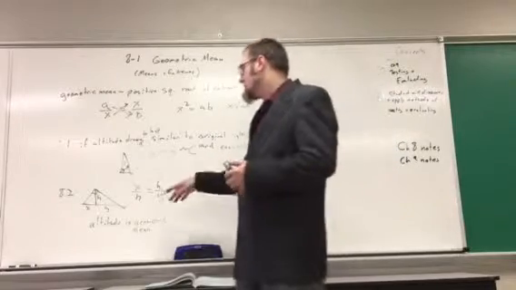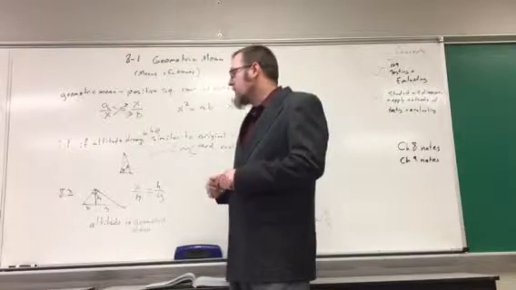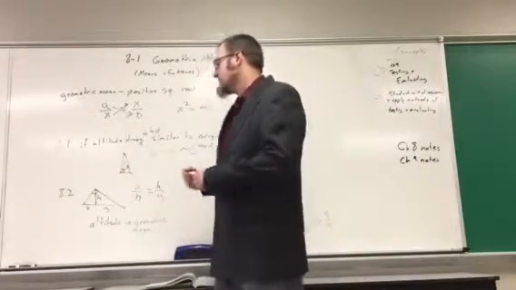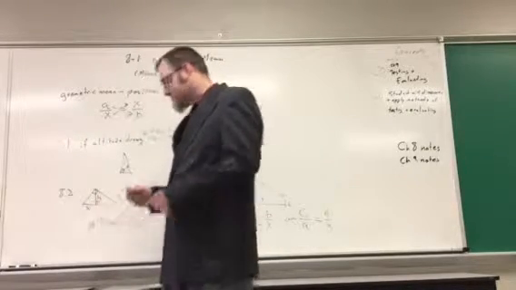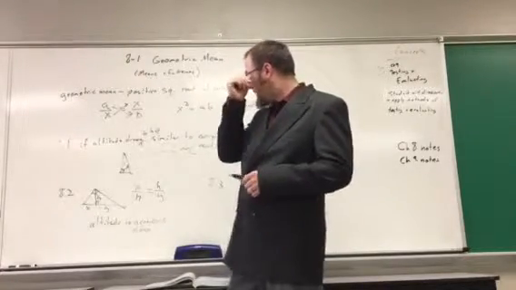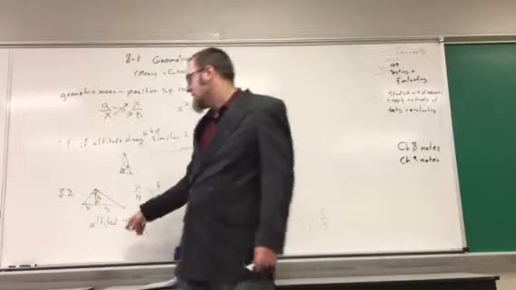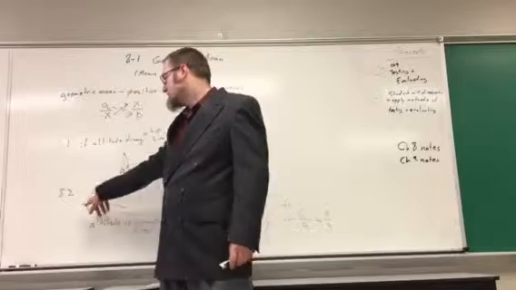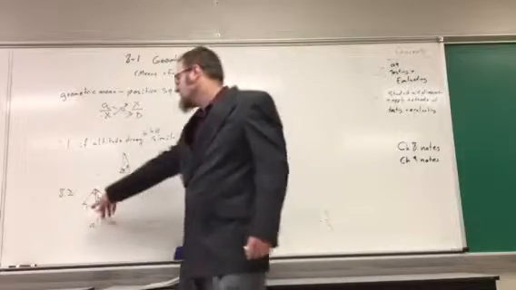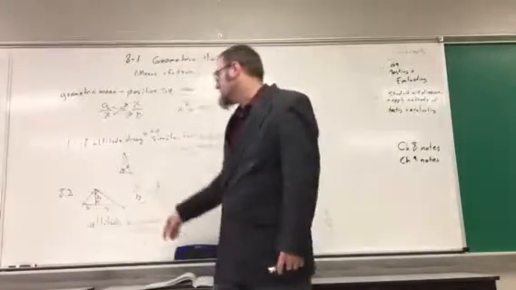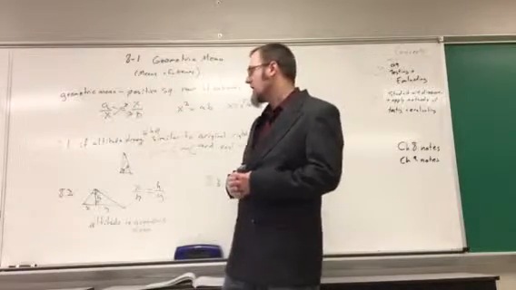However, when we get down here to 8.2 and 8.3, on 8.2, if you draw an altitude to the hypotenuse of a right triangle, remember altitude goes from the angle and it is at 90 degrees there. If we draw an altitude to the hypotenuse, the altitude, labeled here with H, is the geometric mean of the two sizes that it cuts that hypotenuse into, labeled here as X and Y. So X over H is going to be equal to H over Y, those similar triangles.